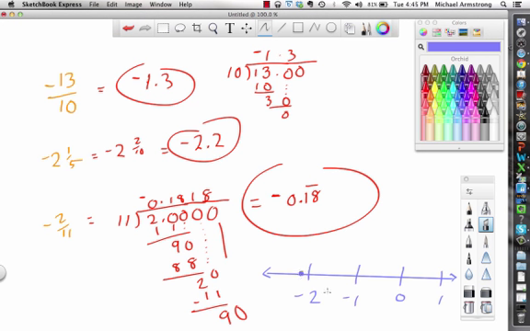That's negative 2.2. And negative 1.3, you start at 0, you go negative 1, 1.3 is about here. And negative 0.18 is just a little bit left of 0. And that's our point there for that one.